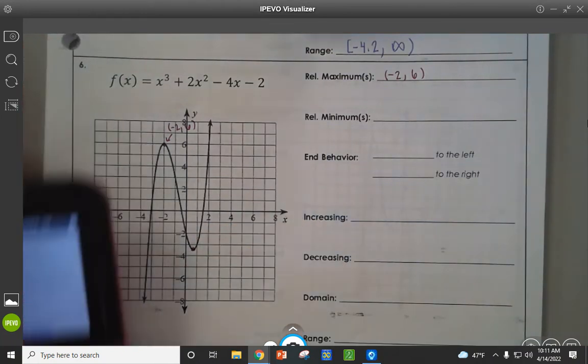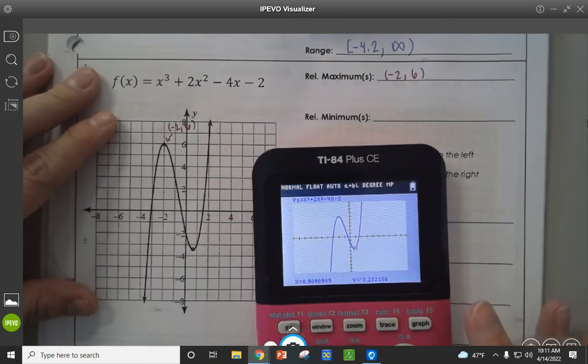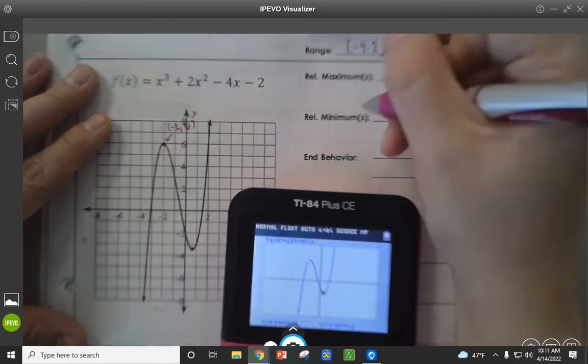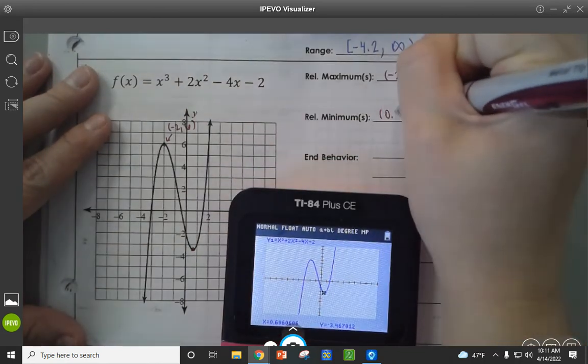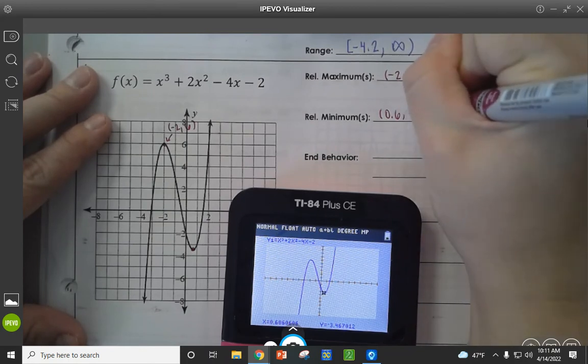And then we go to get the minimum. And this one is 0.6, negative 3.5.